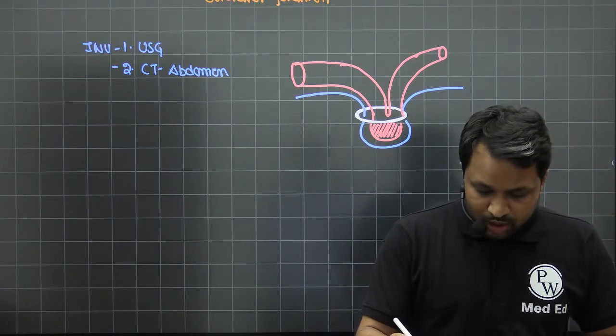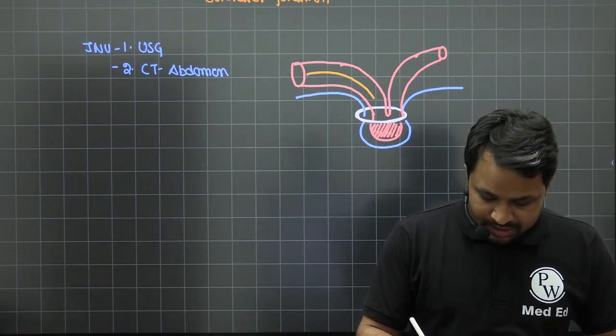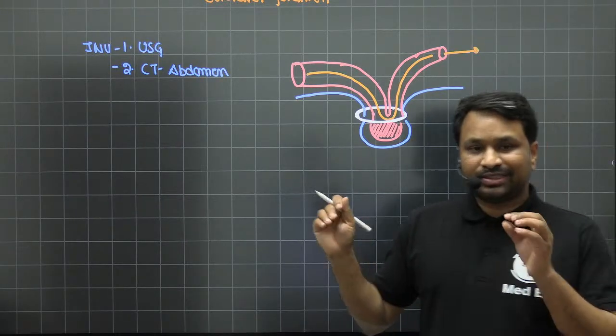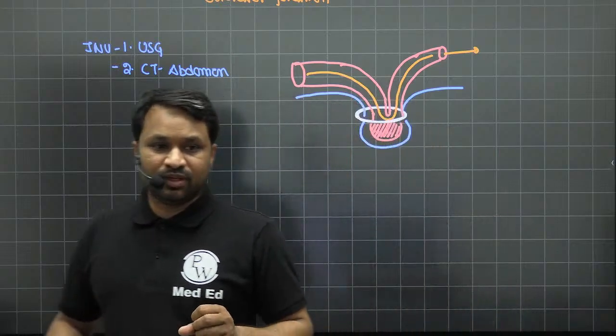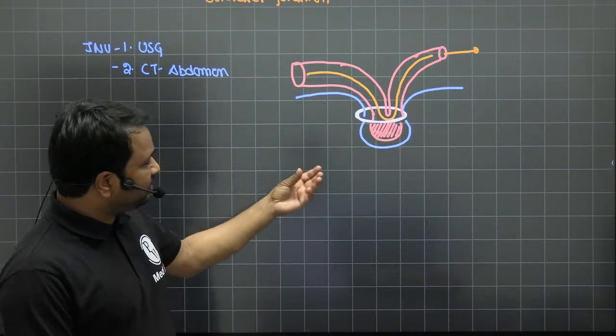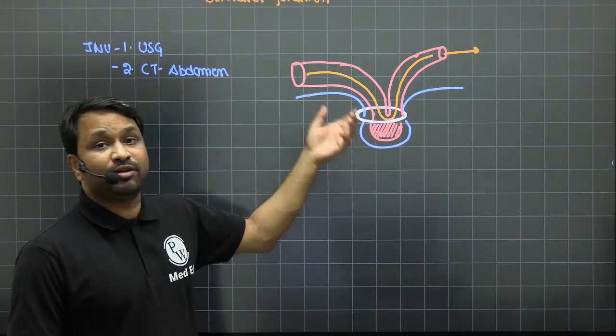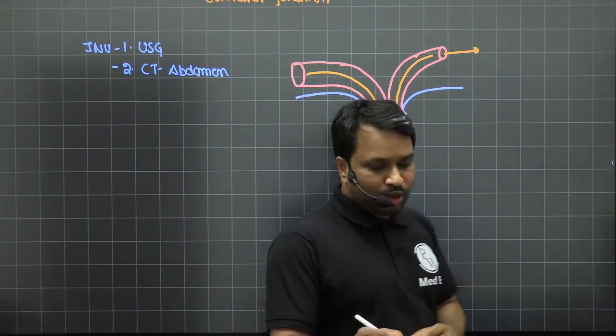So whatever content is there, the content which is present here, even if it gets obstructed, there's a passage for the content to flow. Now, this form of hernia, where some amount of bowel is present inside the sac and the rest is not, that is, only a part of the circumference of the bowel forms the content of the sac, this is what we call Richter's hernia.